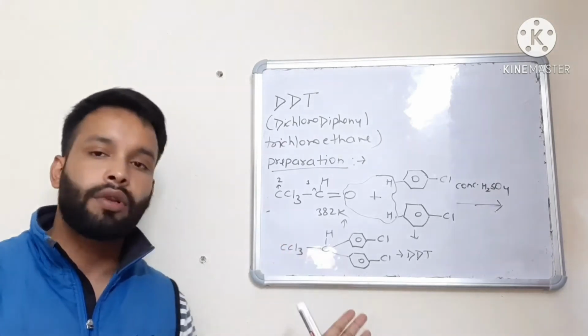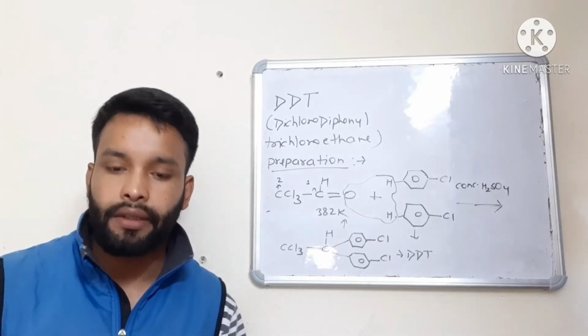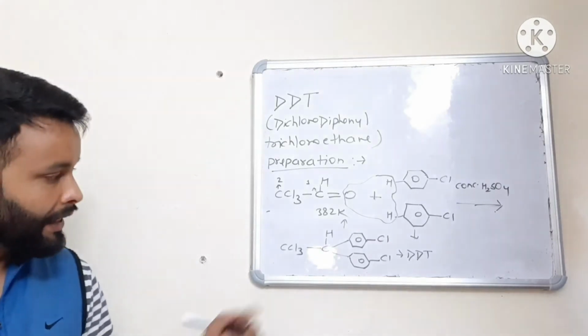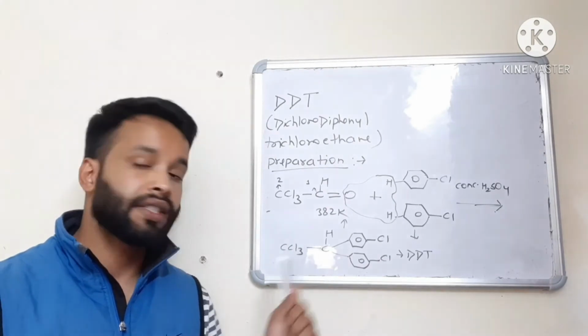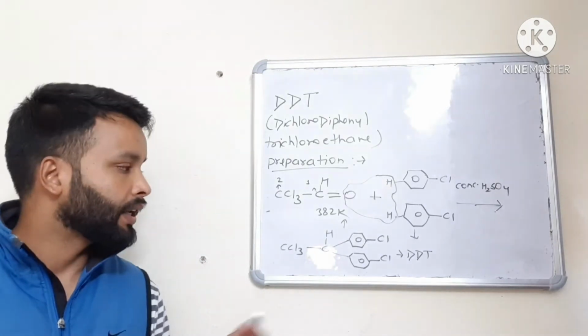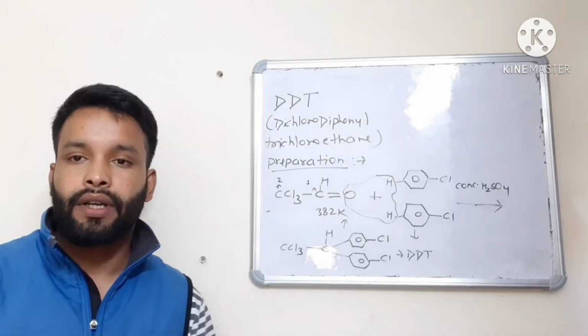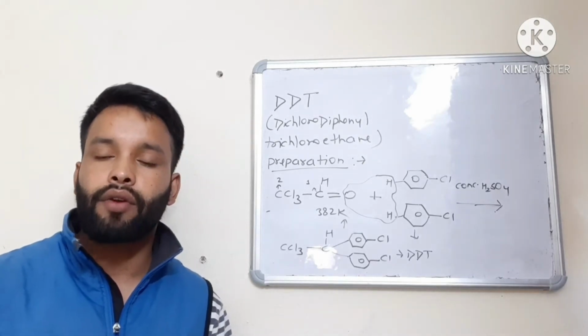So it is not soluble in water, but it is soluble in organic solvents like benzene and ether. It is a powerful insecticide, and it is very cheap and kills harmful insects. But the fourth point is very important for DDT. It is non-biodegradable.